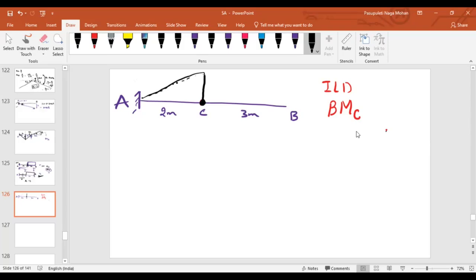Why? Because if I draw an inclined way, a slope is created, but support A won't allow any rotation. That's why this is not a possibility. As there is a support at A, it won't allow the part AC to deflect. That's why the rotation will be simply like this.